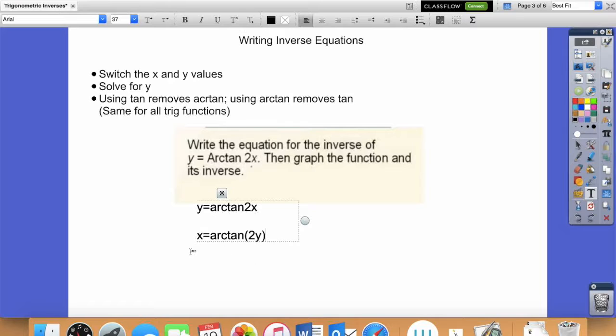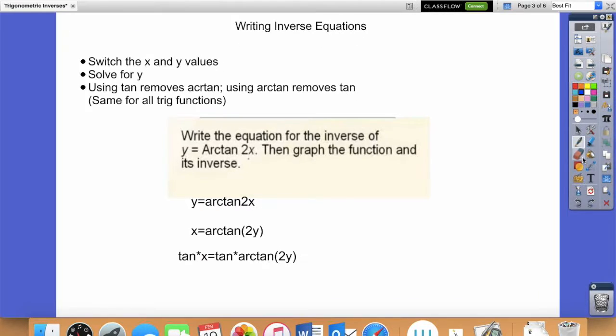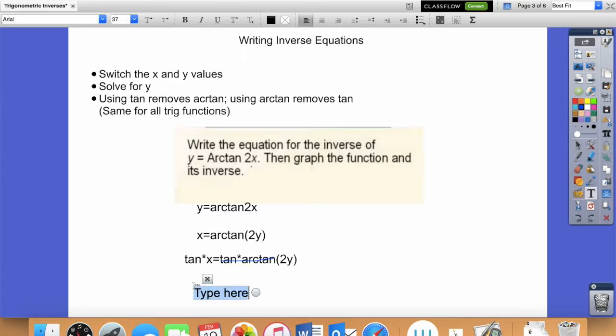To get rid of it, we multiply both sides by tangent. When we do that, our tangent and our arctan cancel out, which leaves behind the 2y.